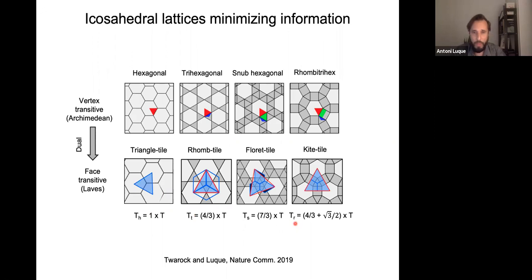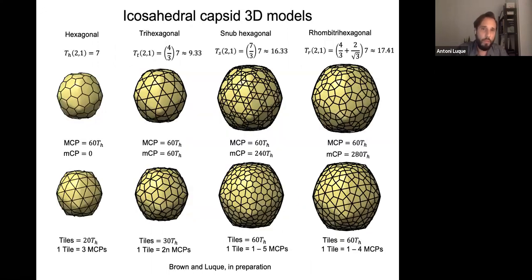Let's see one specific example here to understand how this works. So this is one particular set of steps, 2, 1. So I take the pentamer here, I do 2 steps in the hexagonal lattice, and now I do 1 step on the other hexagonal coordinate. And that helps me join 2 consecutive pentamers. This would correspond to a T number equals 7.